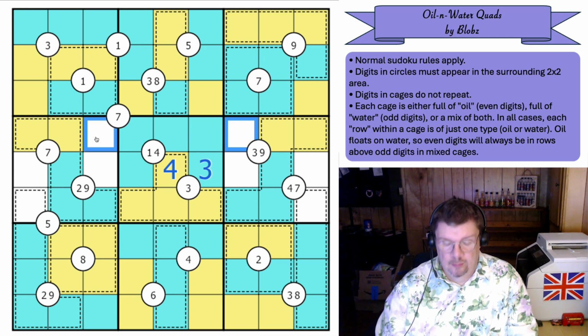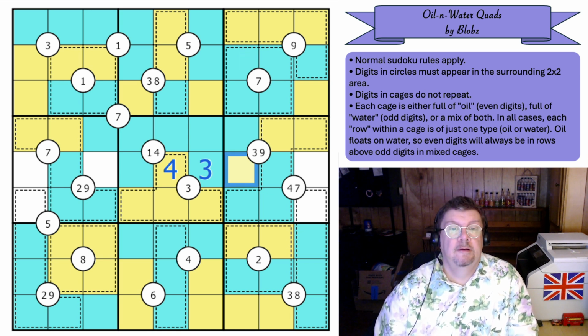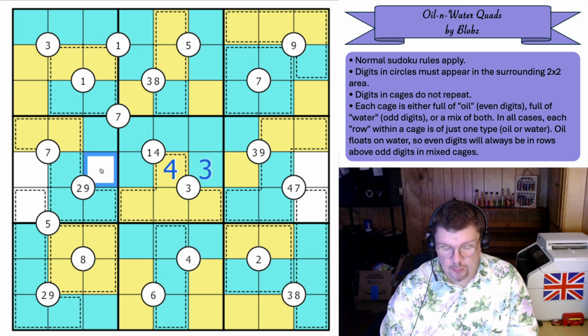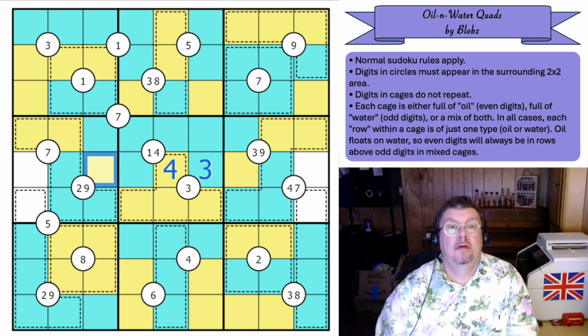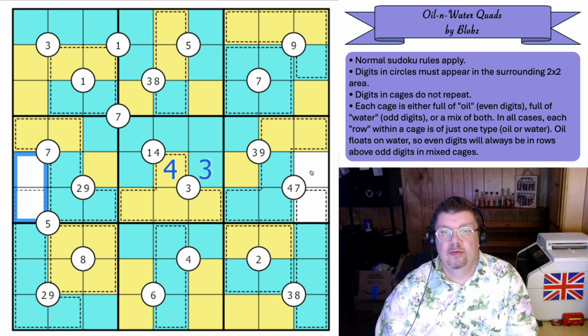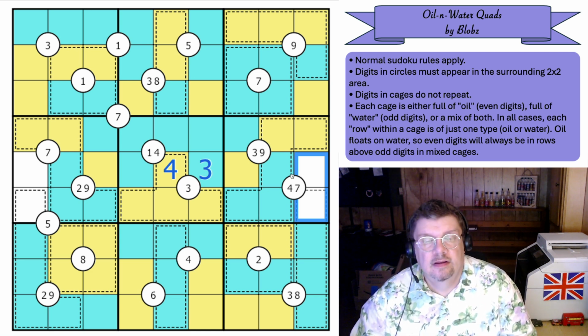That makes those 2 water to complete the row count. That makes this oil to complete the column. This is also oil to complete the column. And then that leaves an oil-water pair in each of these. I don't think I can do that just yet.